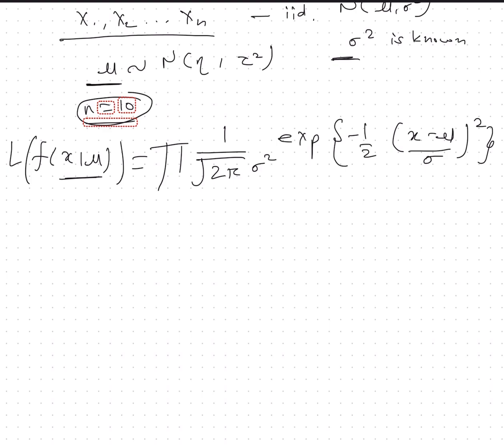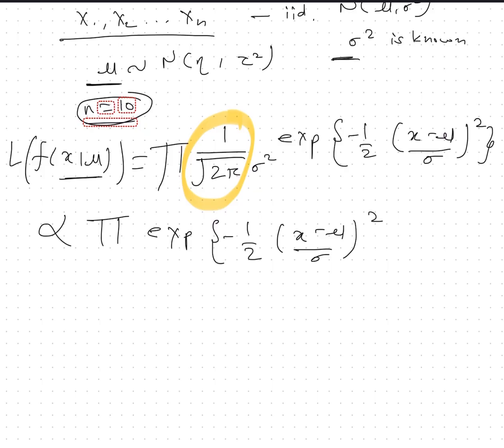So basically we are going to ignore this constant term, and we will write the equation once again. Now we can say that this is proportional to the product of exponential of the bracket square. I will simplify it further: exponential of minus 1 upon 2 sigma square, summation of x minus mu bracket square.